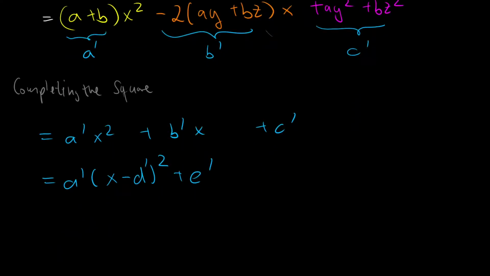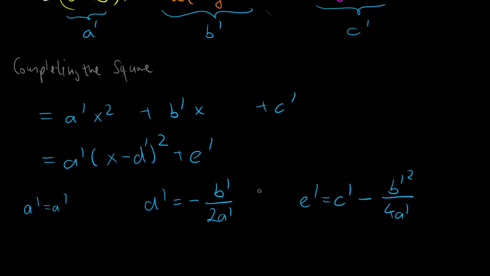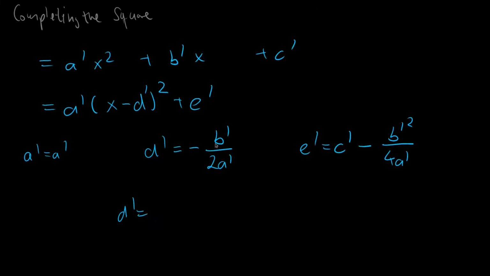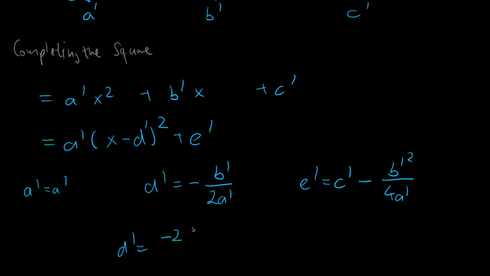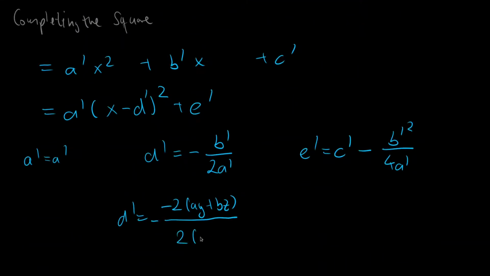We know that d prime will be minus b prime over 2a prime. These are just results from the video on completing the square. And e prime will be c prime minus b prime squared over 4a prime. Then let's plug in a prime, b prime and c prime into the respective formulas in order to get d prime and e prime. So let's start with d prime. For b prime we have minus 2 times (ay plus bz), with a minus in front of the fraction, and we divide by 2 times (a plus b).